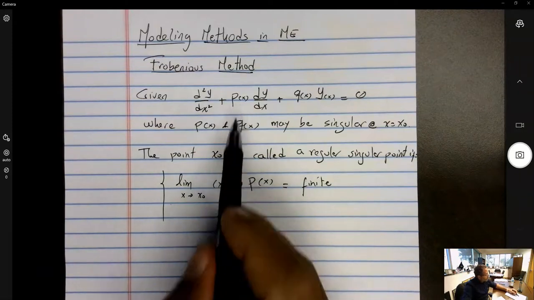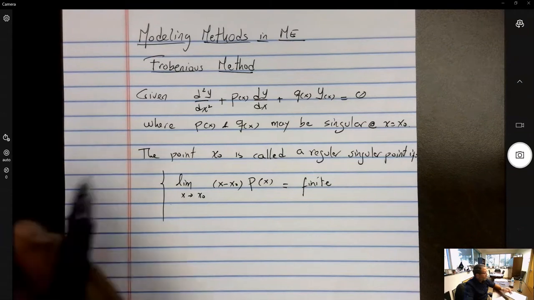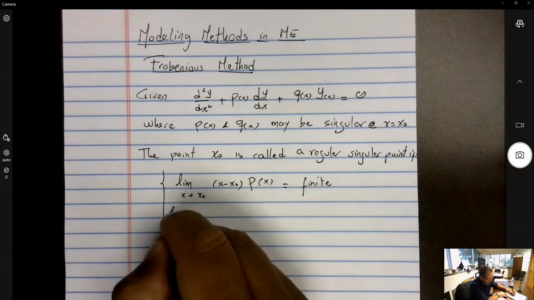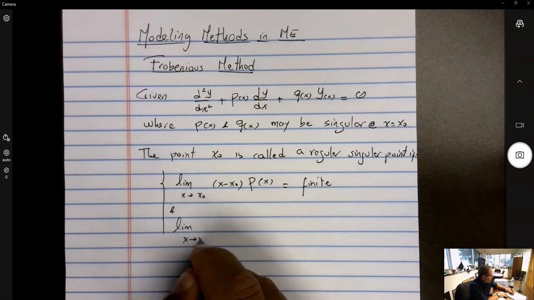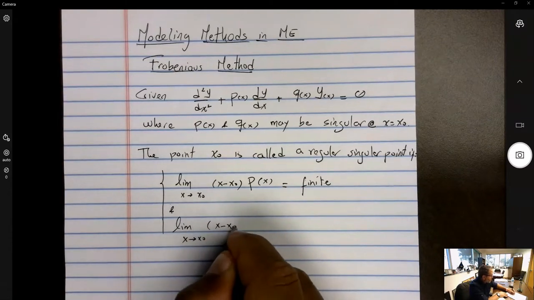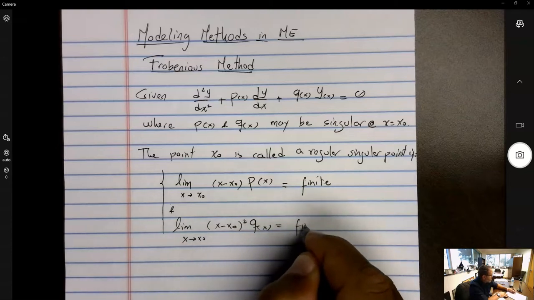So if you multiply p of x by a first order polynomial, x minus x0, the singularity is removed. And the limit as x goes to x0 of (x minus x0) squared times q of x is also finite.